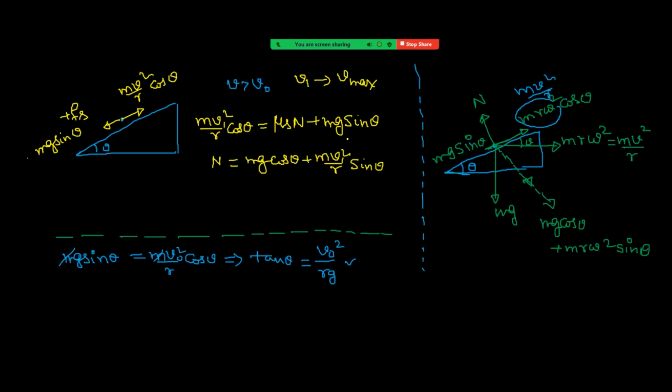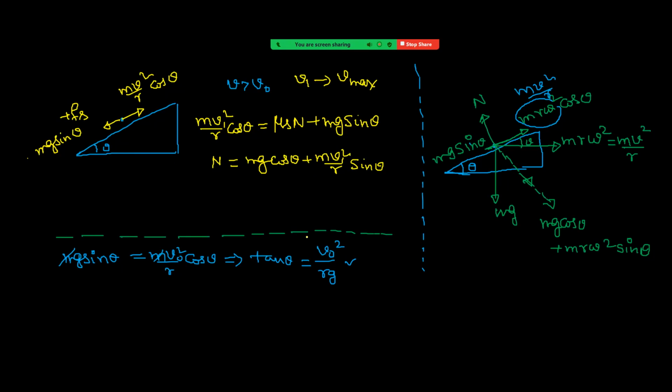By substituting this value in the place of n, we can get the value of V1 because all remaining values are known. That means theta is known, mu value is known. Like this, by using these two equations, we can find the maximum speed.